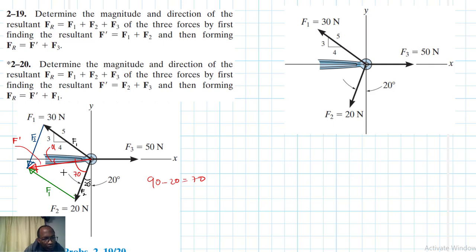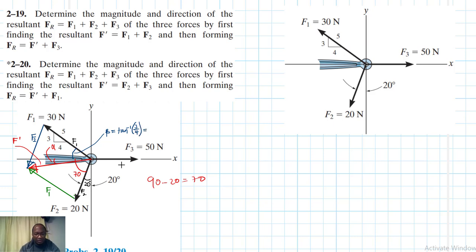Let me also find this angle here. This angle here is being governed by this triangle here. So let's call it beta. So beta is equal to tan inverse of opposite over adjacent.